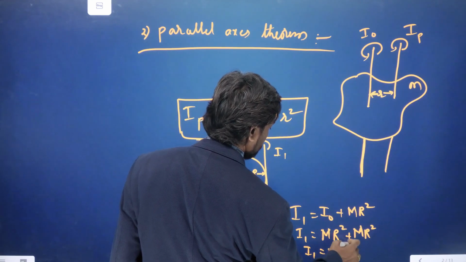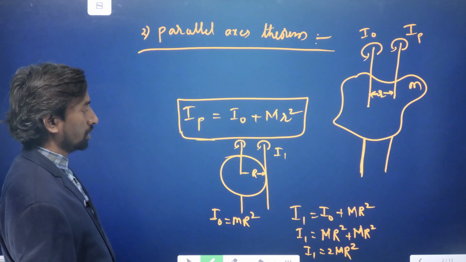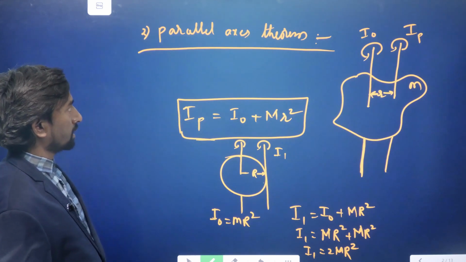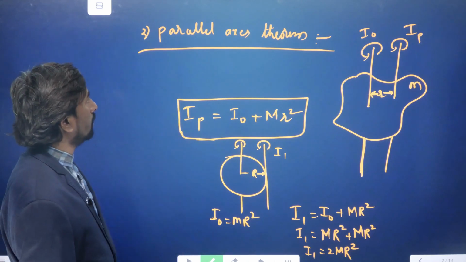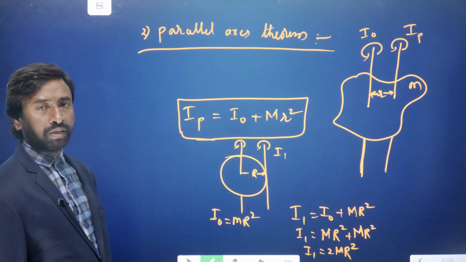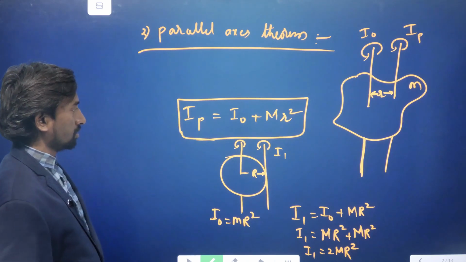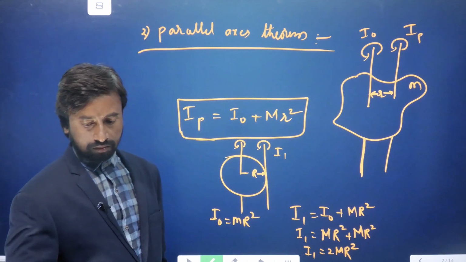That is the advantage of these theorems. By using the parallel axis theorem and perpendicular axis theorem, we can find the moment of inertia about any axis. Okay, so now we'll see it one by one.